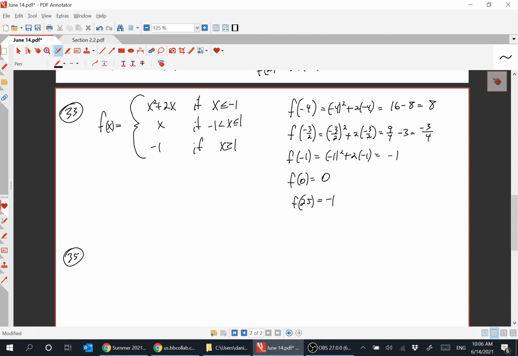So in 35, we have f of x equal x squared plus 1. So now let's evaluate f of x plus 2.